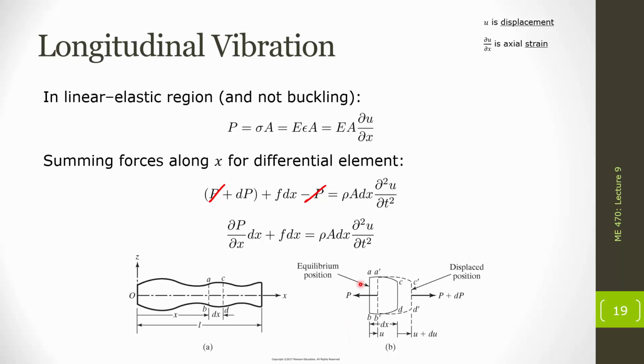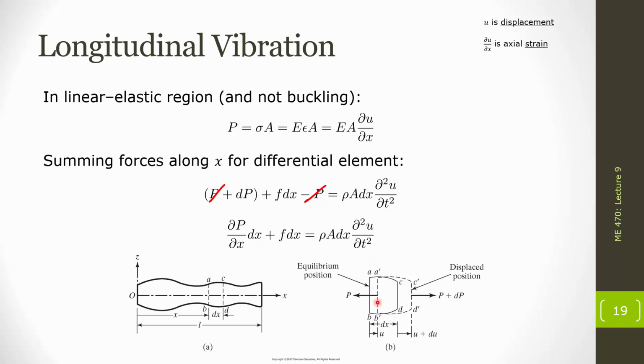And our differential piece has a length of dx. So note, because it's volumetric density rho times area, which is a squared length, times dx, which is a length, we have a mass per cubic length times cubic length, so rho A dx is the mass of a differential element in our system.